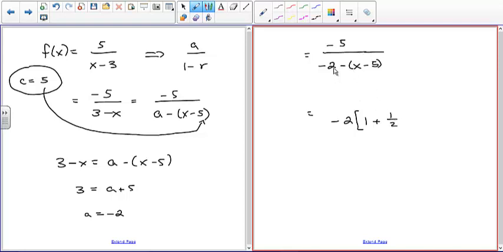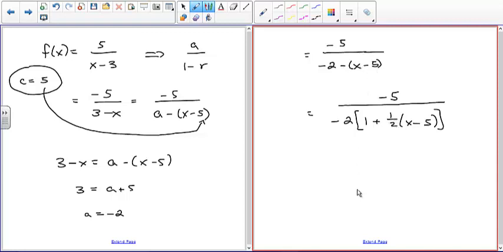We divide this by that number, and we multiply by x minus 5. Again, it's the same as the original expression. This should be the same as that if we multiply it out and simplify it. So let's just go back one step. Negative 2 times 1 is negative 2. Negative 2 times positive 1/2 is negative 1 times x minus 5.